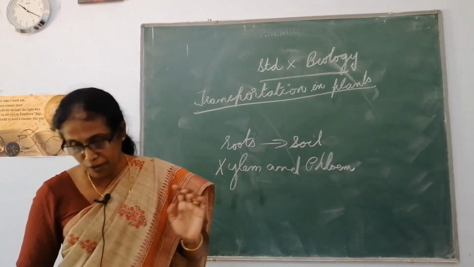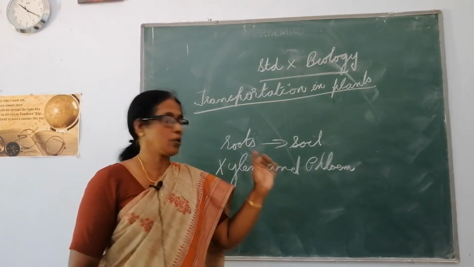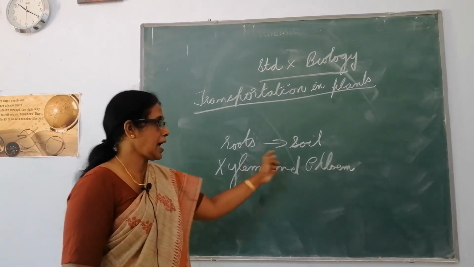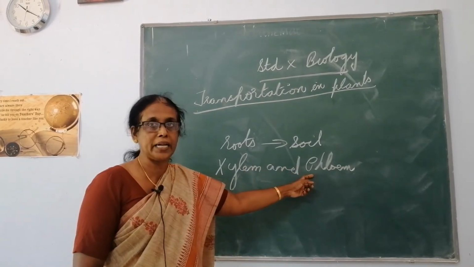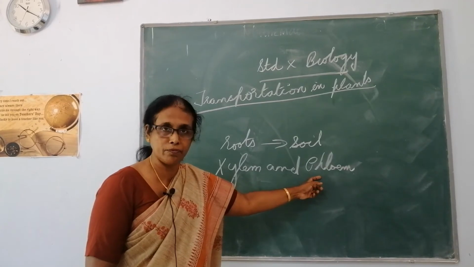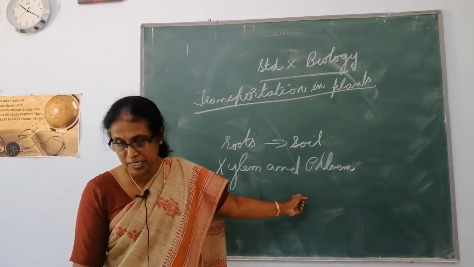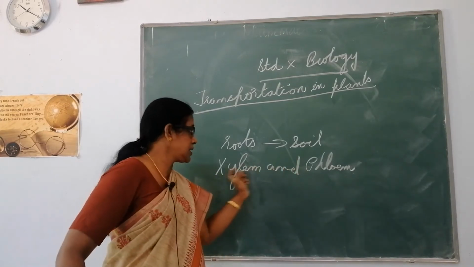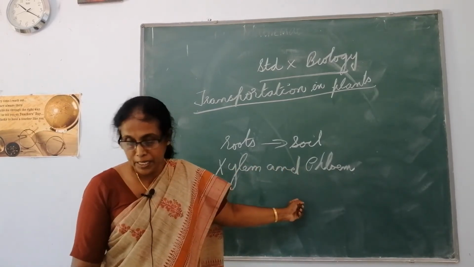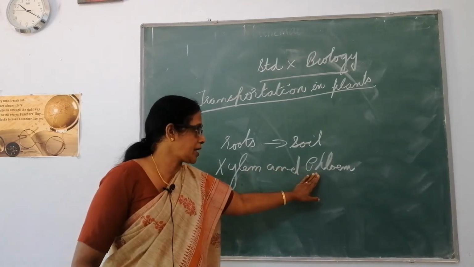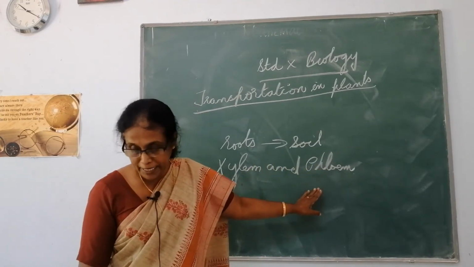The water is transported by the xylem and the food prepared by the leaves is transported by the phloem. So the two transporting systems in plants are xylem and phloem. Xylem transports water and the phloem transports the food prepared by the leaves.